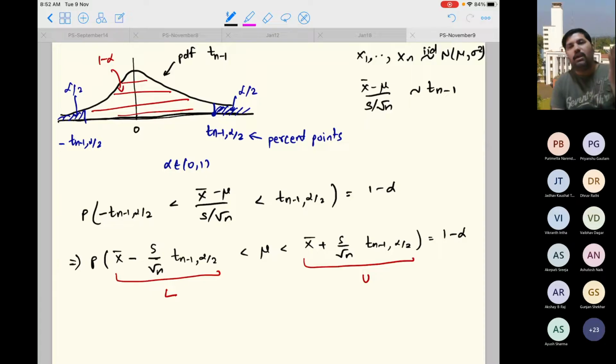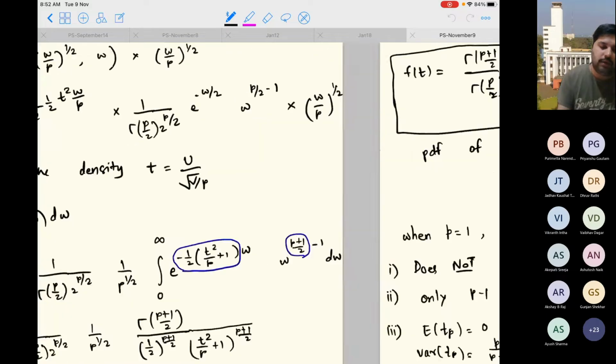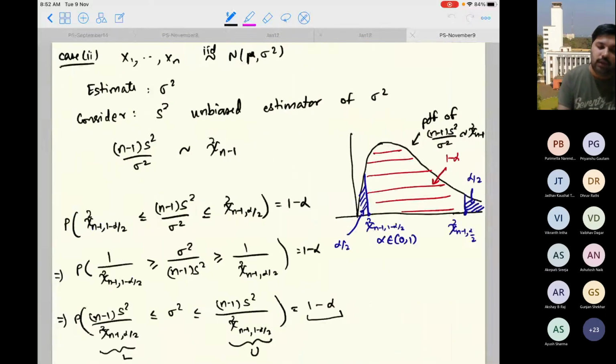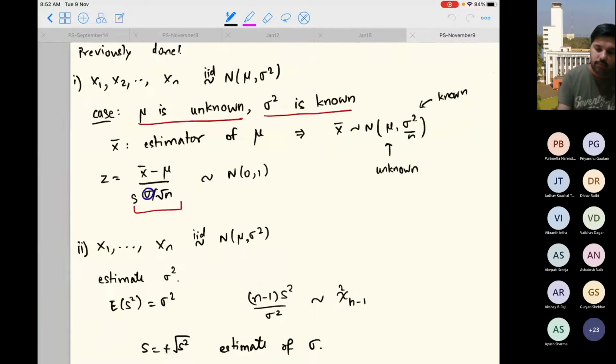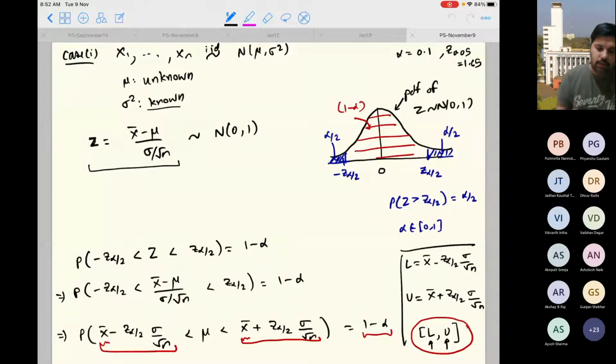Initially you are not letting go of sigma, right? Sigma is still there. But sigma is a constant because we already know it.